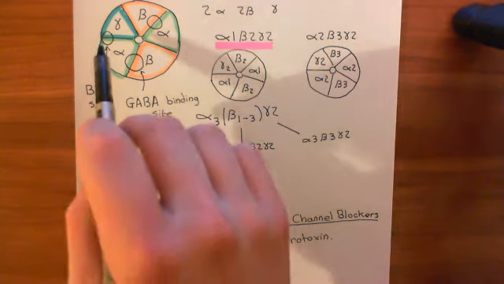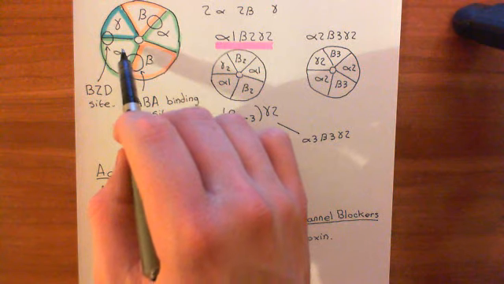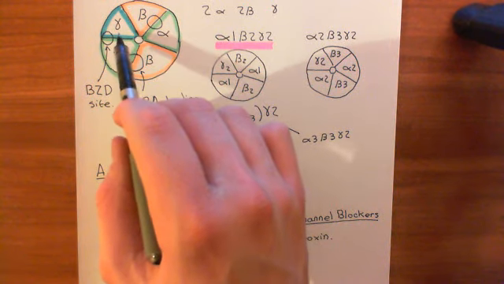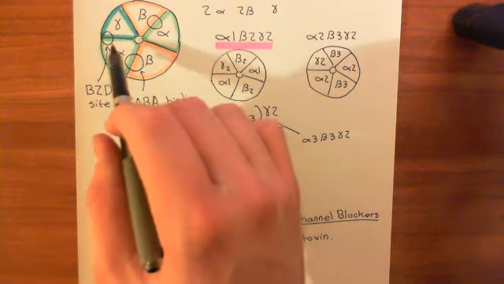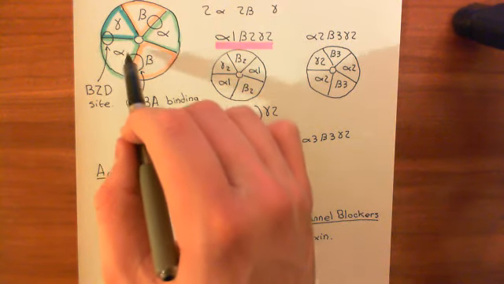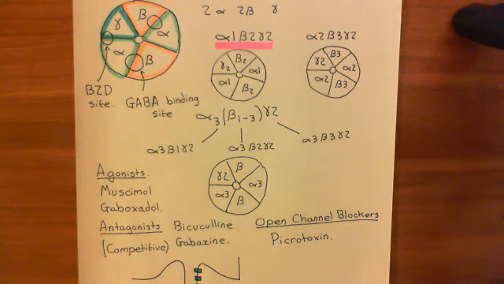We can see that the benzodiazepine binding site is between this alpha subunit and this gamma subunit. So which alpha subunit you have seems to determine the affinity of the benzodiazepine to bind, and the gamma will affect it as well.